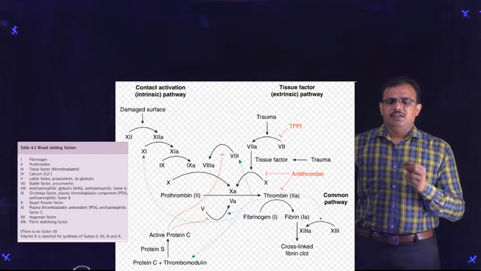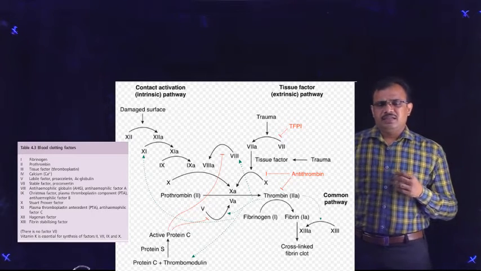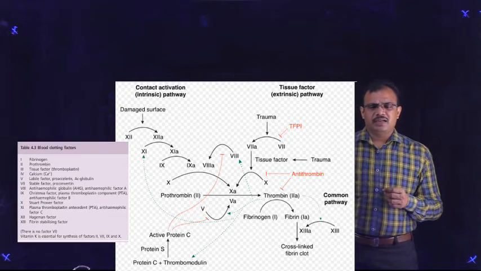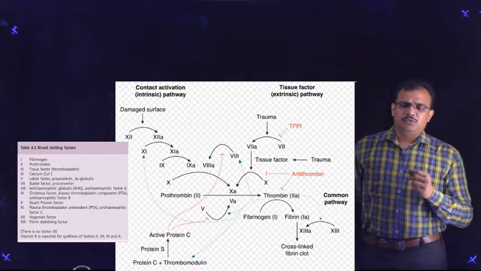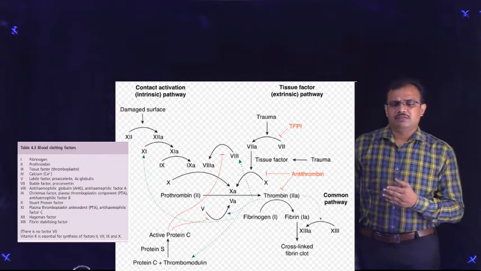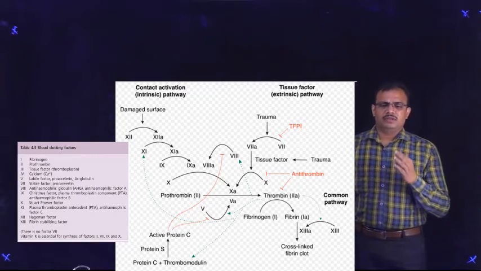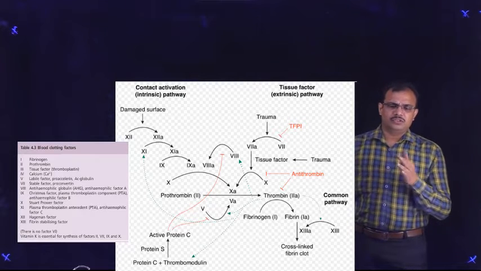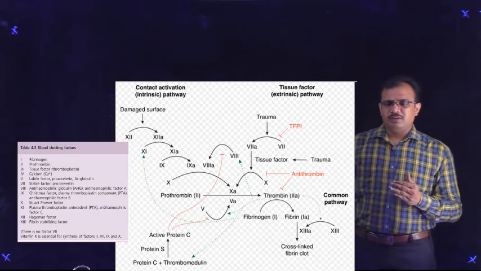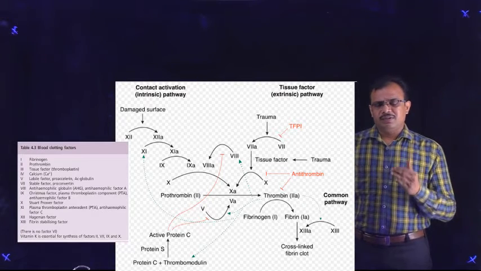This activated Stewart factor is called the prothrombin activator, and it will convert prothrombin to thrombin. Thrombin will convert fibrinogen to fibrin.